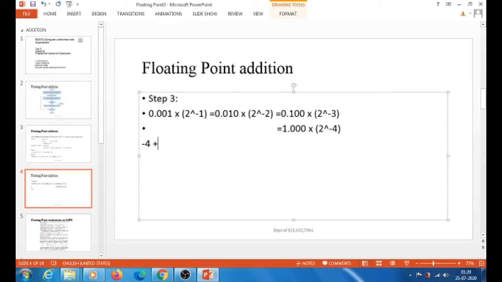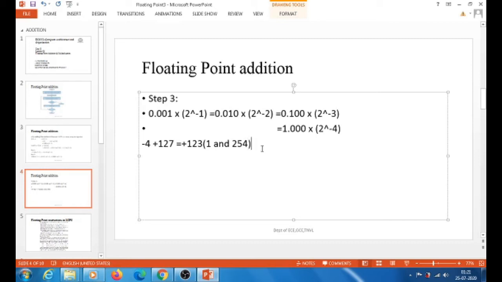So minus 4 plus 127 I am adding, which gives 123. This 123 lies between 1 and 254. Okay, so this obviously lies within the range. So there is no overflow as well as no underflow.